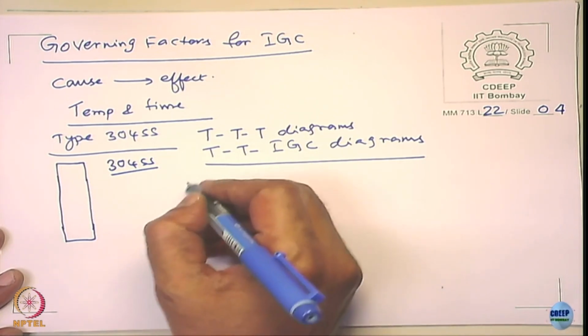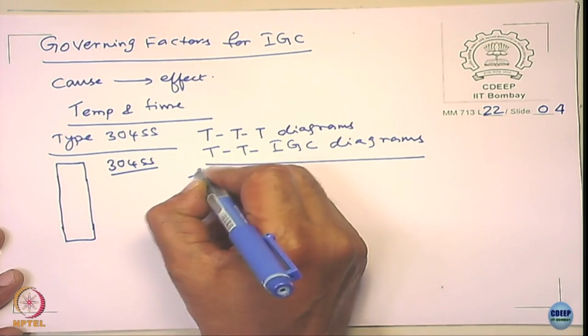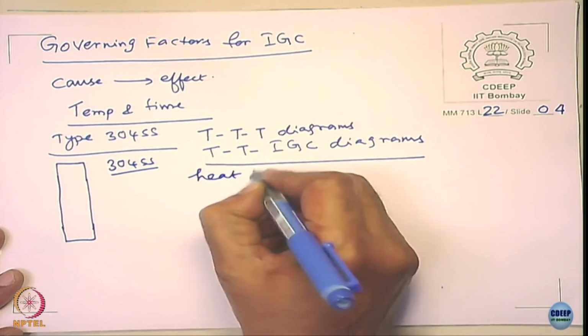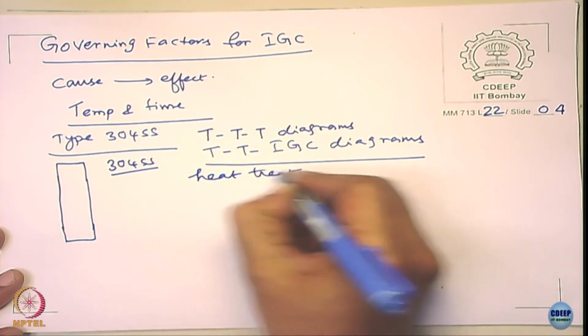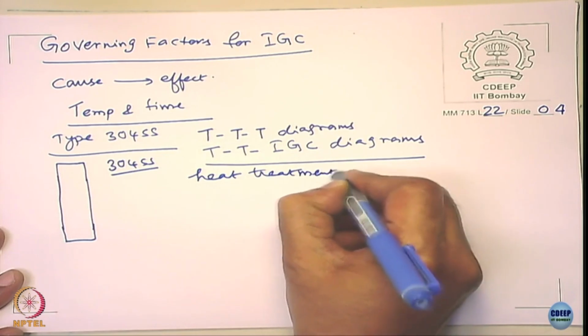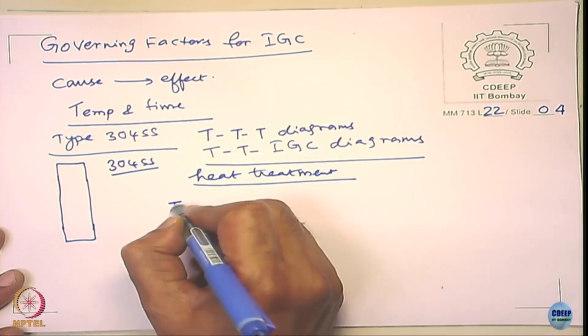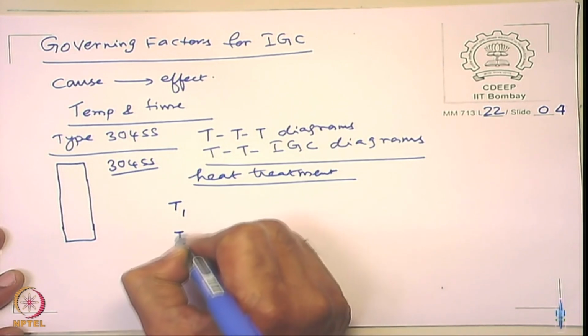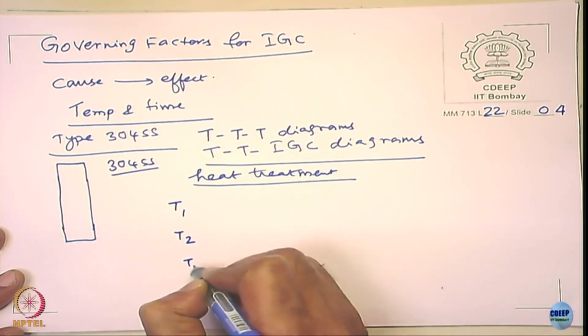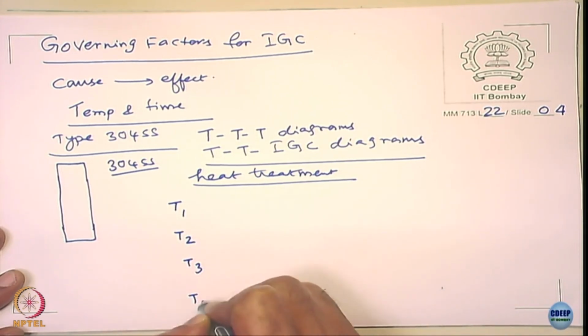Subject them to heat treatment for different temperatures, let us say T1, T2, T3, T4, something like that.